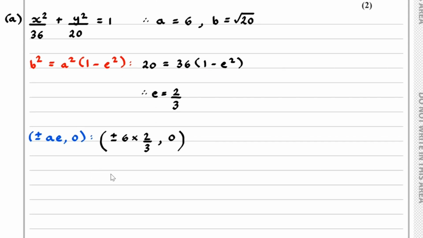And so therefore, the coordinates of the foci will be given by plus minus 4, 0.